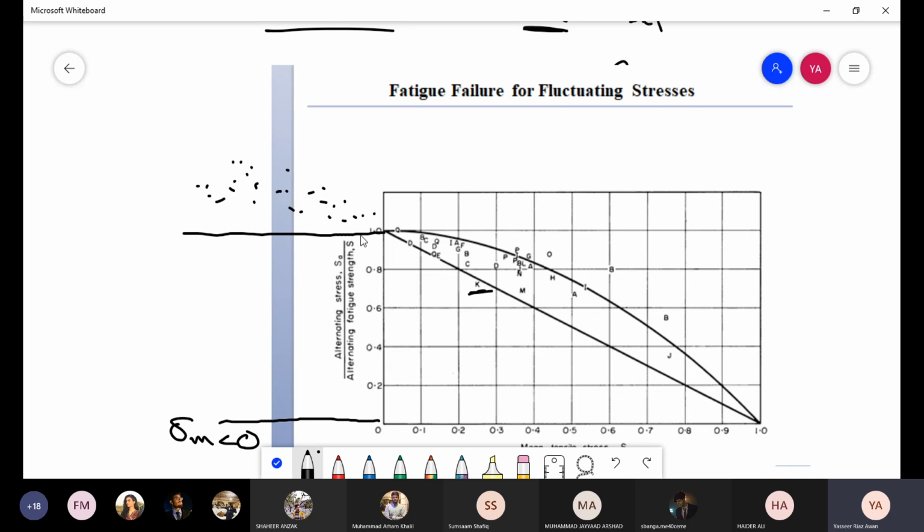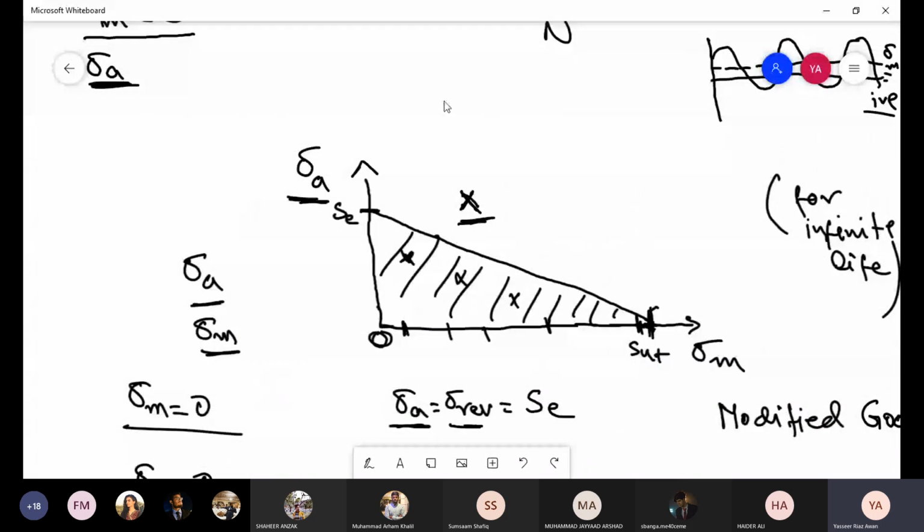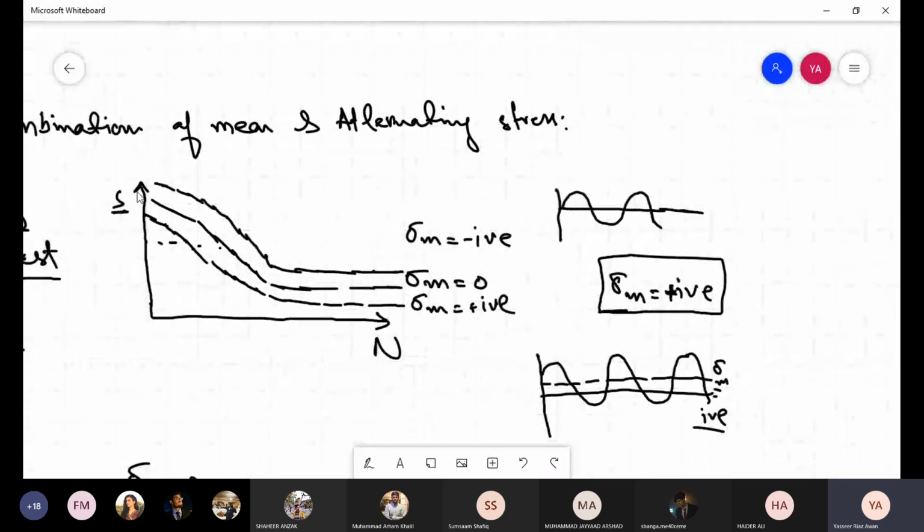So fatigue life basically improves as we go into the negative region. The compressive mean stresses generally improve the fatigue life. You can increase the alternating stress even from SE, and this is what we said here.